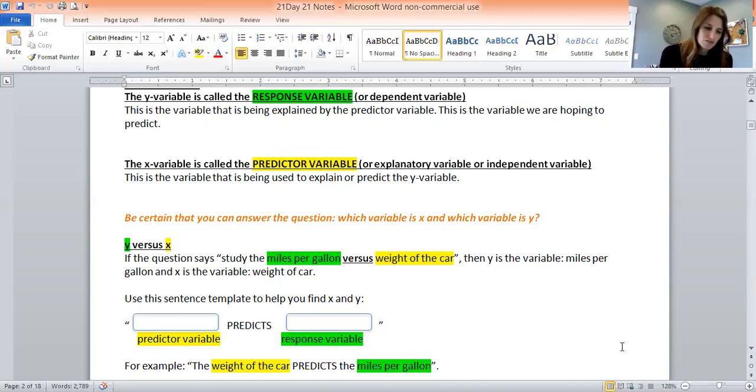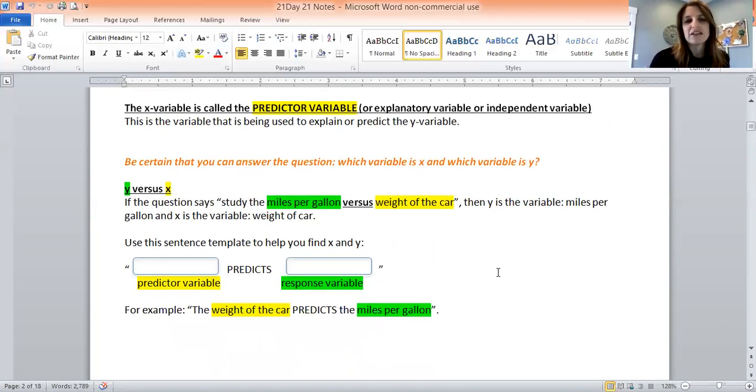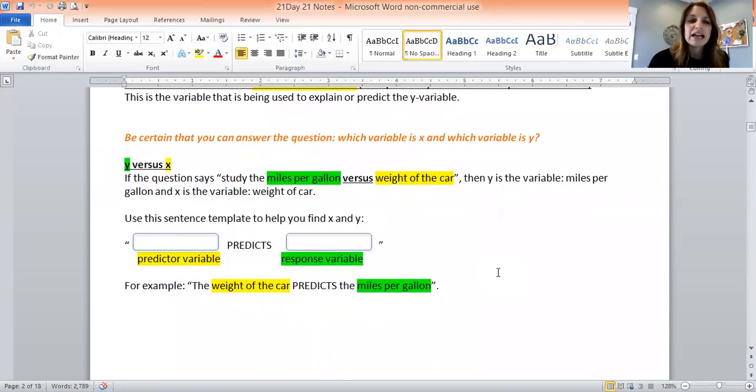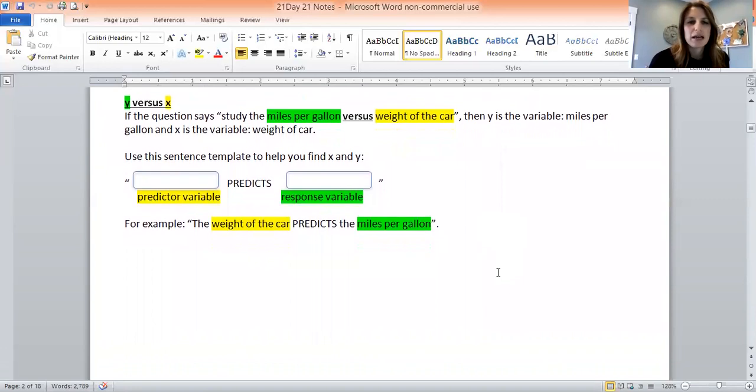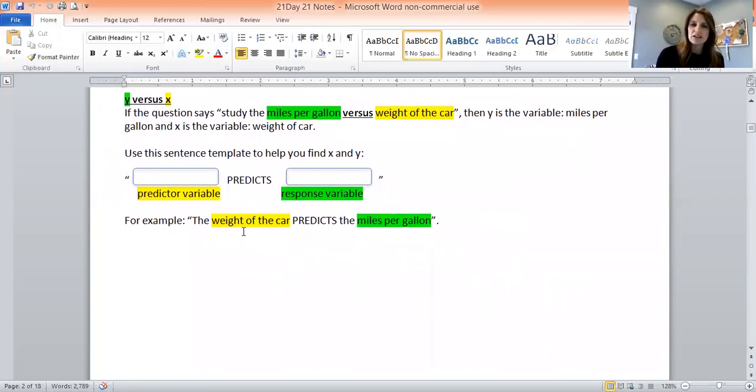Right now we're just reviewing simple linear regression. So the first thing we need to do is identify the x and the y. X predicts y. My predictor variable predicts the response variable. We can see for an example here that we believe that the weight of a car should be able to predict the miles per gallon.